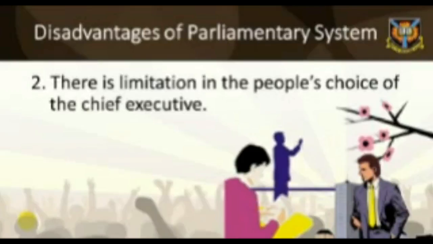There is limitation in the people's choice of the executive. This is because the Prime Minister is not directly elected by the people, but by appointment. The situation may not actually allow us to know if the Prime Minister is a popular candidate or not.